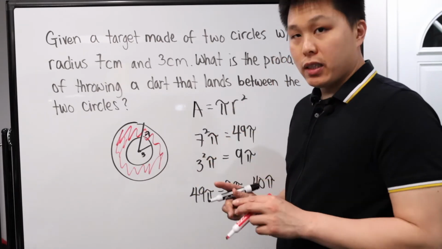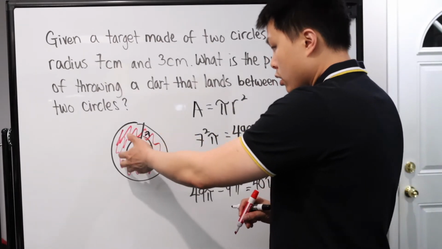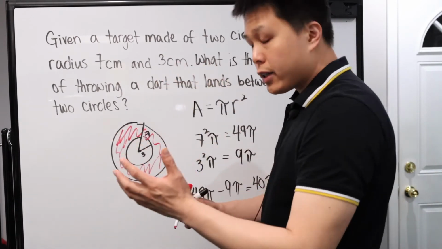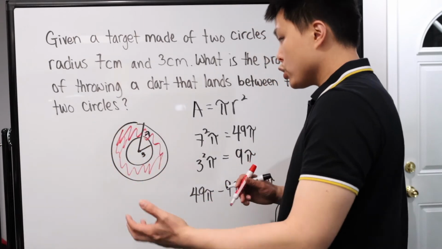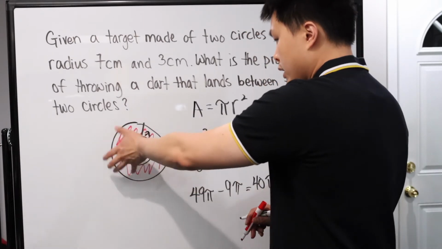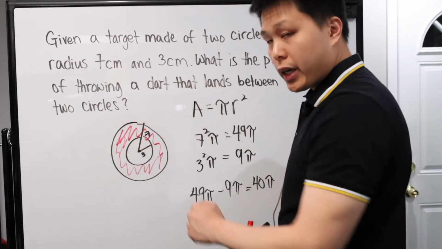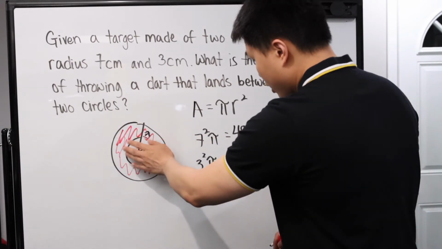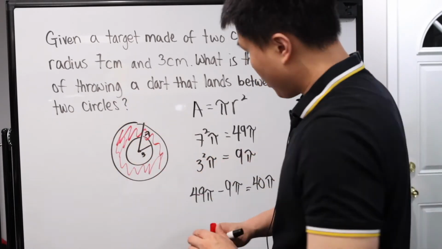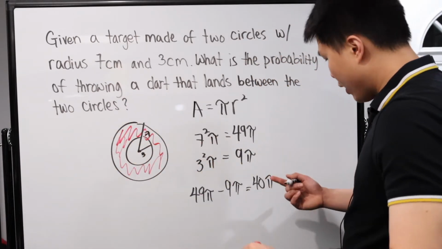Okay, cool. That gives us the area, but remember, we're not done. This is a probability, so we're looking at the desired area, which is basically this donut shape, out of the entire possibility. And once again, we're assuming that it's always going to hit the target, we just don't know where. The entire possibility is the larger circle and everything in it, right? Ignoring the hole, the little circle in there, we just want everything in it as the entire possible outcome, I guess you could say.